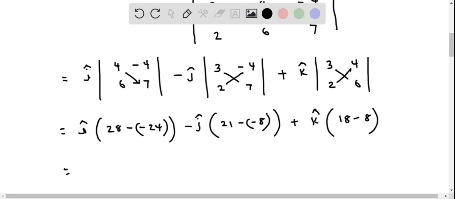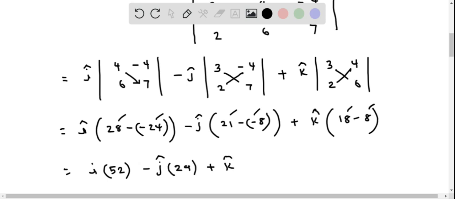Let's simplify this. This is 28 plus 24 equals 52, minus j vector times 21 plus 8, which is 29, plus k vector times 18 minus 8 is 10.